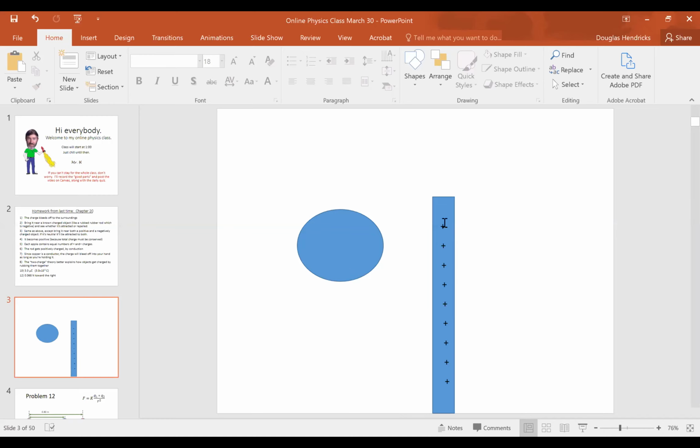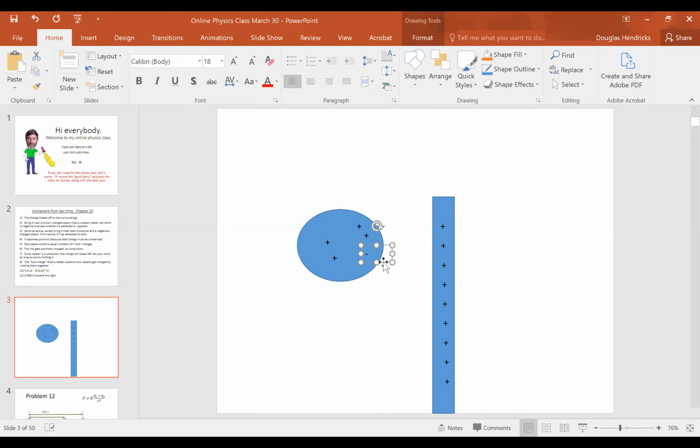Okay, so let's copy one of these over here, and let's put a bunch of them there. So here's this neutrally charged thing. It's got a bunch of plus charges, but it is neutrally charged, right? So that means for every plus charge it's also got a minus charge.